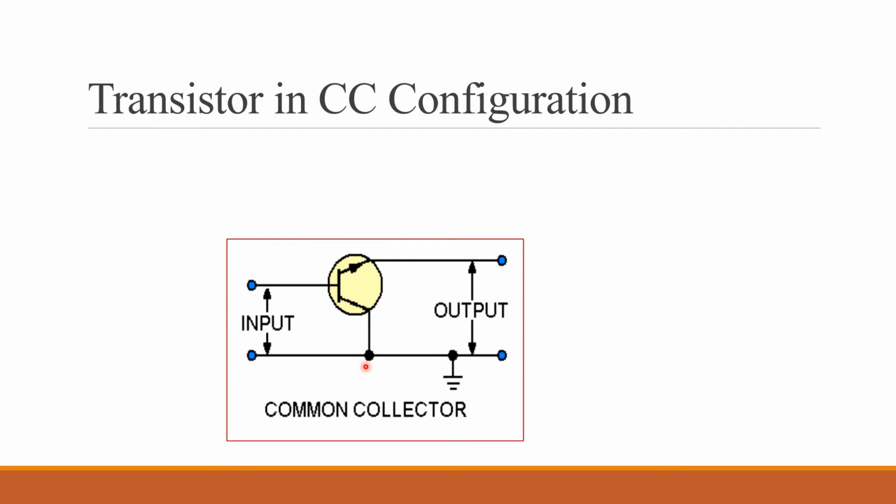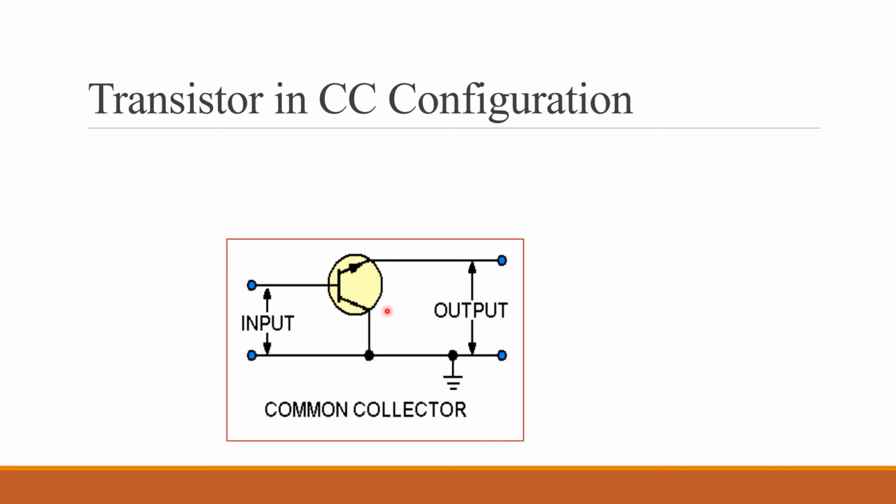Now let us see another type of configuration, that is the CC configuration, that is common collector configuration. In this configuration, the collector is connected to ground. Hence, common collector is sometimes called grounded collector also. The input signal is applied to the base. The output signal is taken from the emitter.